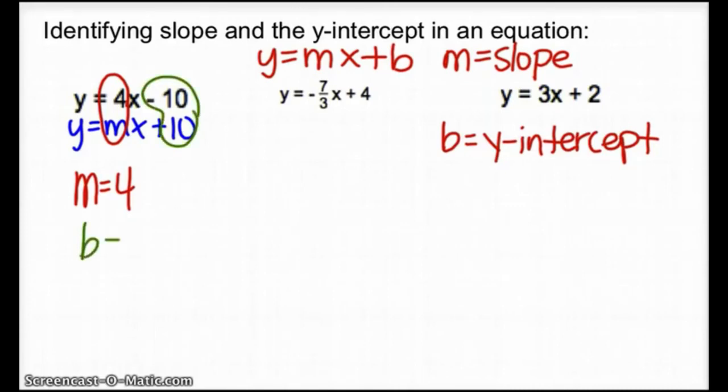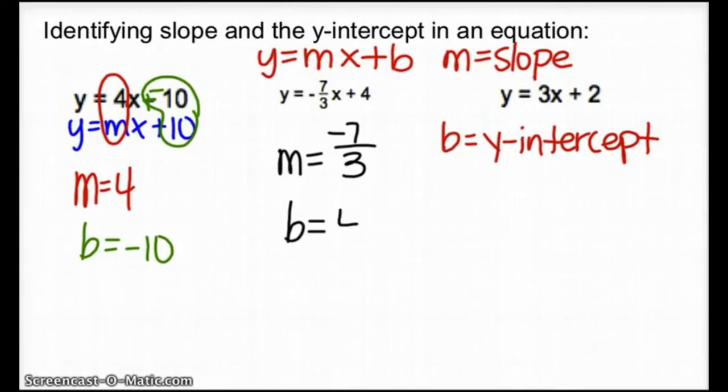And b equals -10. Remember, when we have that negative symbol, we're actually adding the opposite because of integer hill, or we know that that subtraction sign goes with the 10. In the second example, my m is the coefficient of x, or the number that comes before x, and my y-intercept is the constant that is by itself.